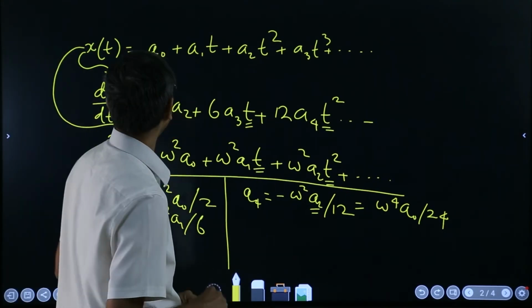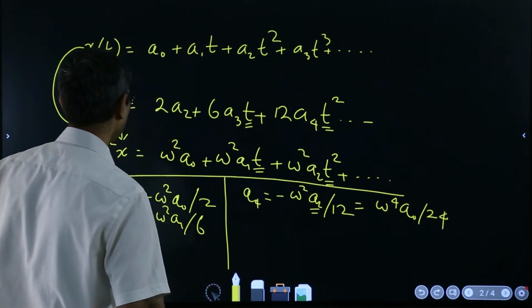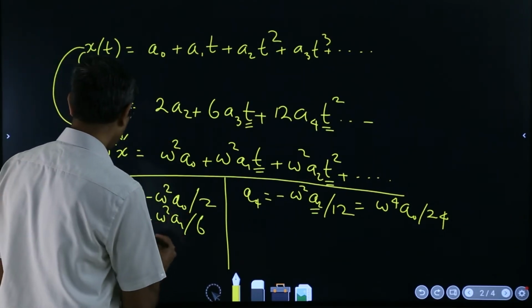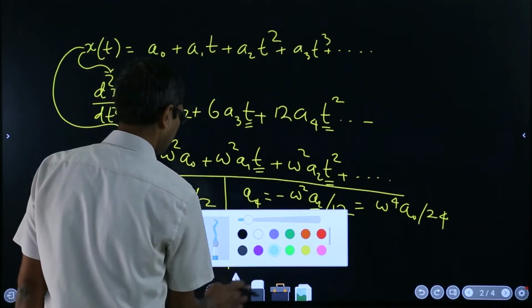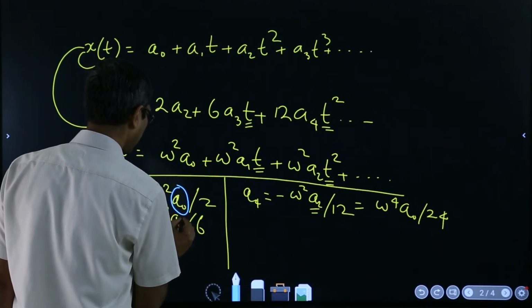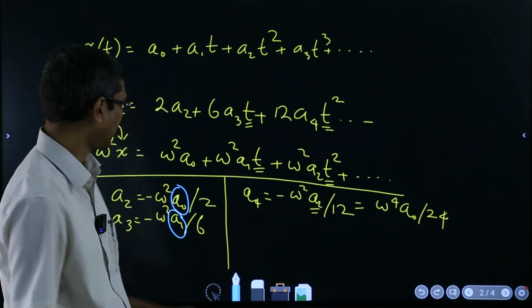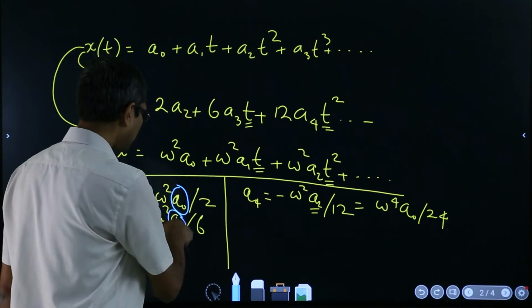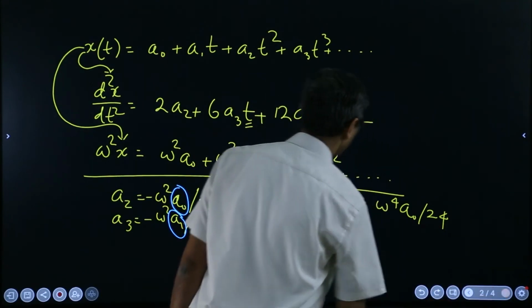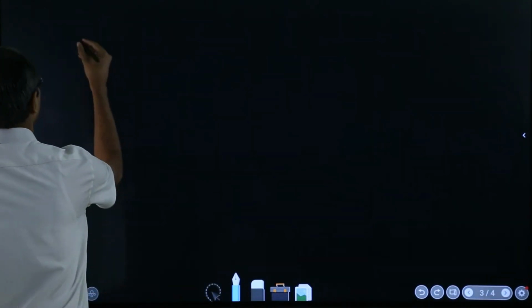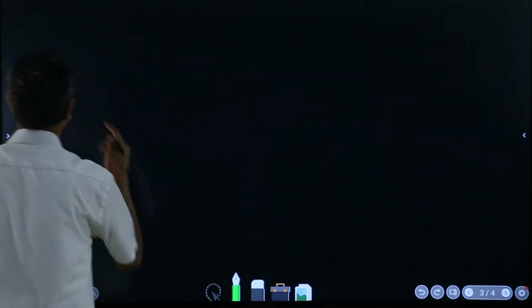Just note that a0 and a1 are the two parameters which come in all the other terms, and in terms of these two parameters all other terms can be written. If you do that, you will get a condition like this. So your x will be like this.